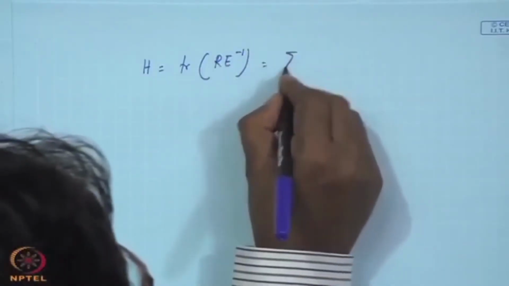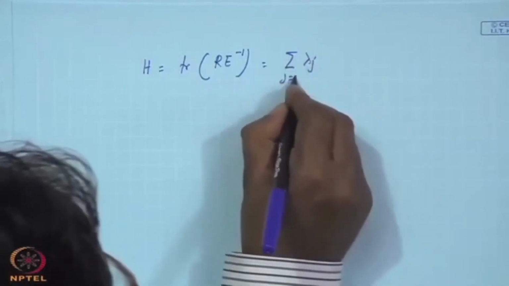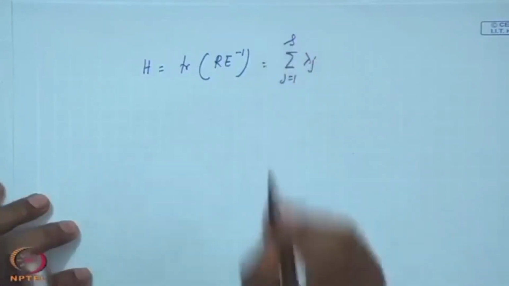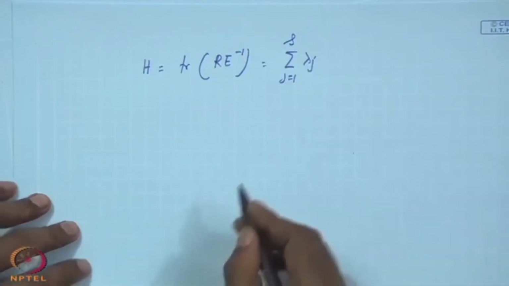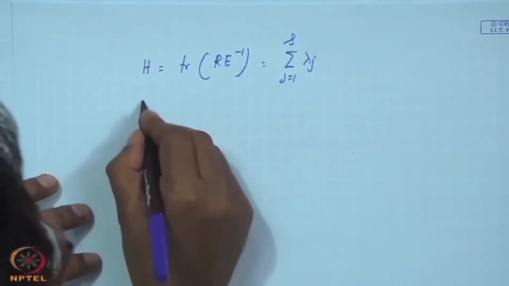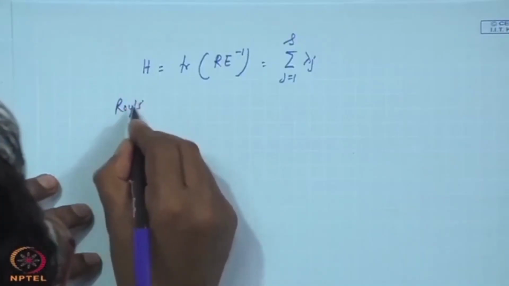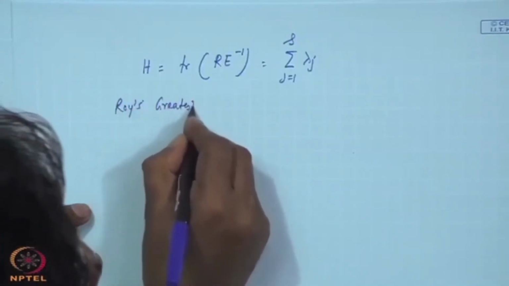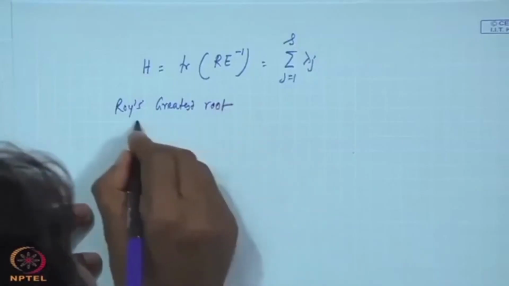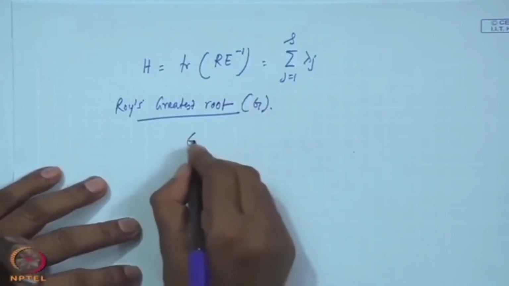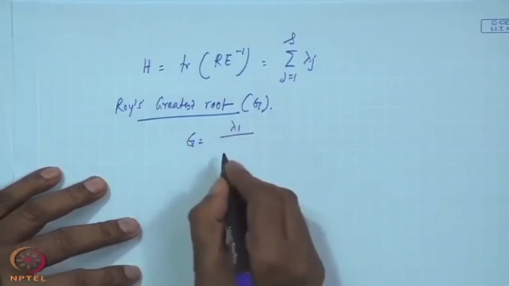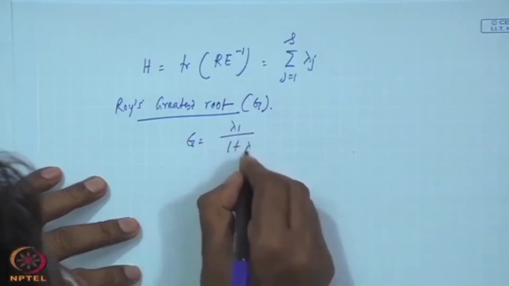This is nothing but the sum of lambda j, j equal to 1 to S. There is another statistic known as Roy's greatest root, G. That G takes only the first eigenvalue.